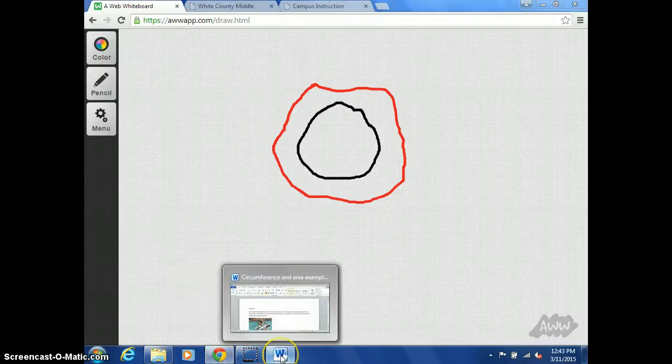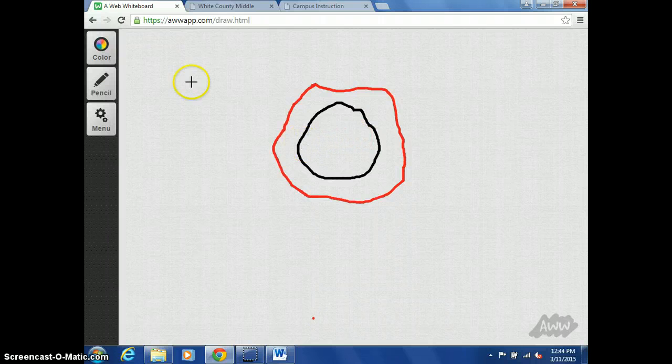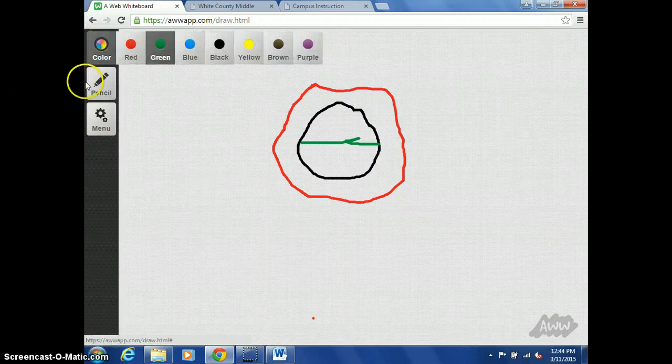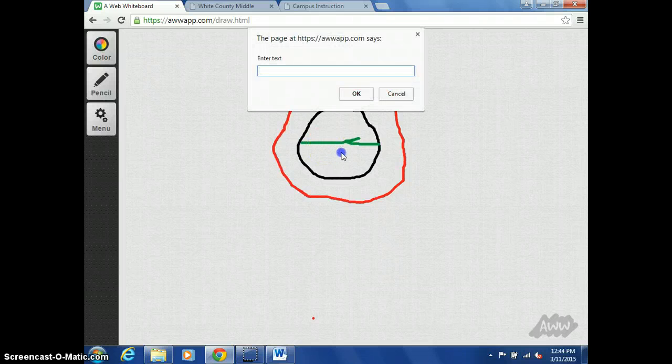Let's go back to our actual problem here. So we drew our swimming pool, we drew the fence. That's the first thing we should always do when we see a shape in a problem. His pool has a diameter of 15 feet. But how far away does he want that fence to sit? 5 feet, yeah. So the pool's diameter, I'm going to pick a different color so it stands out. The pool is 15 feet.